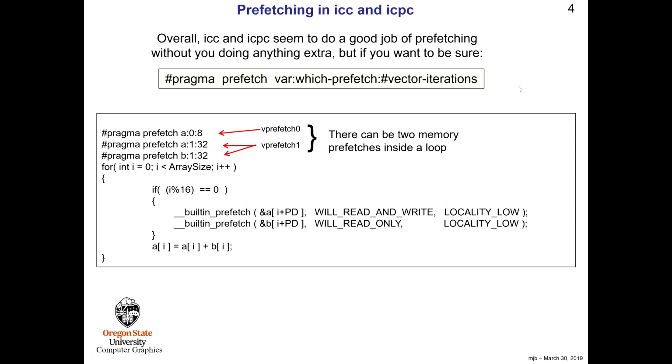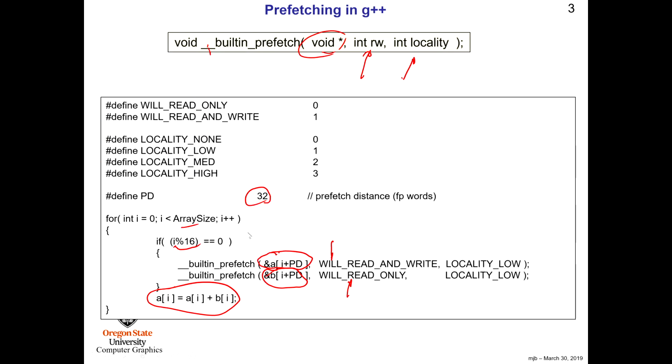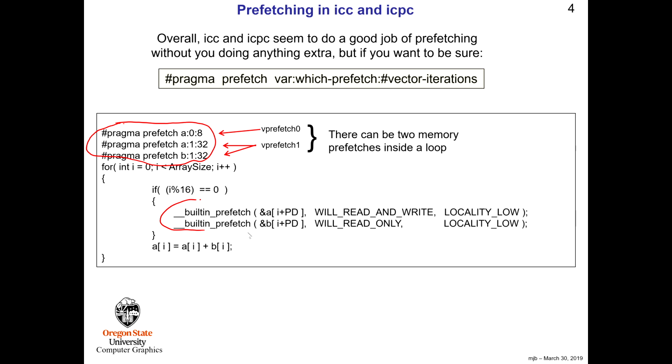In the Intel compiler, it's actually a pragma like this, and then there's this prefetch call, and it looks very much like the prefetch call in G++, except it's got these pragmas. And with the pragmas, you're basically telling it what you're trying to do. You are prefetching a certain variable.